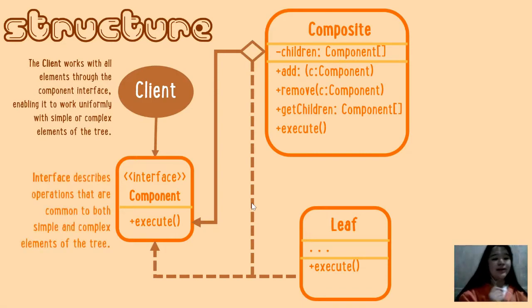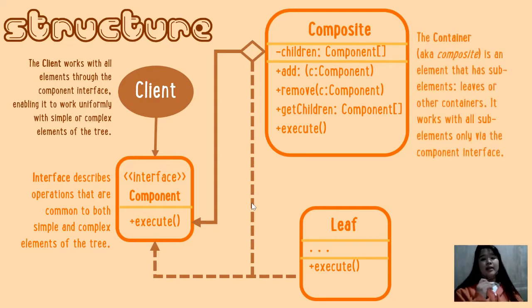The interface describes operations that are common to both simple and complex elements of the tree. If you have done object-oriented programming, you might be very familiar with interfaces. Interfaces are basically a template that prevents redundancy in coding. The container, also known as composite, is an element that has sub-elements, leaves, or other containers, and it works with all sub-elements only via the component interface.